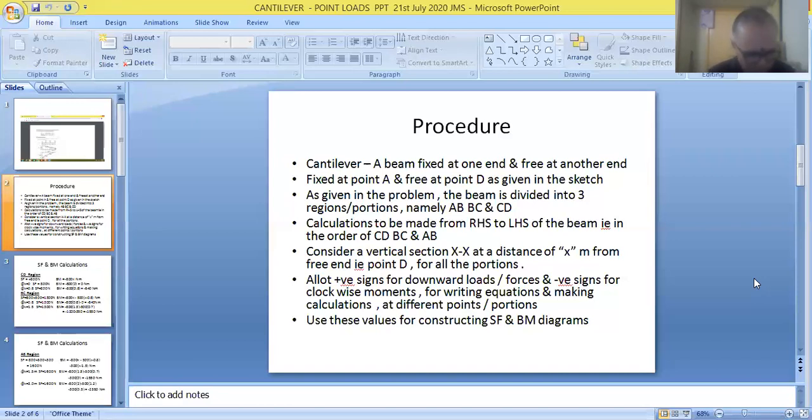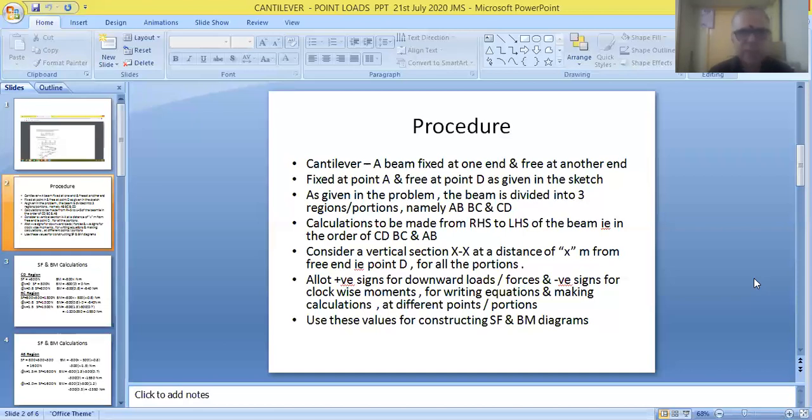Here only three loads are acting on the cantilever. One load is acting at the free end of the beam, and the other two loads are shown at points B and C, as discussed in the first slide.